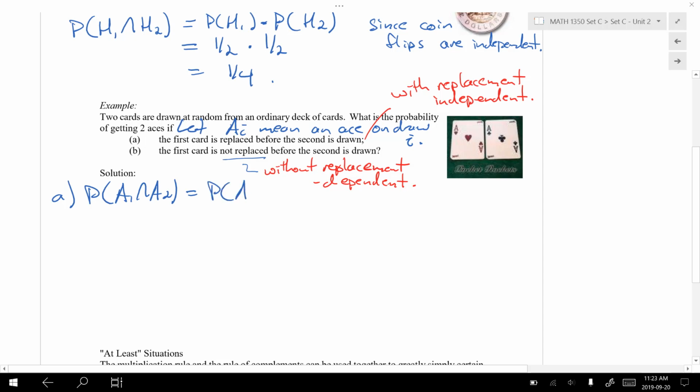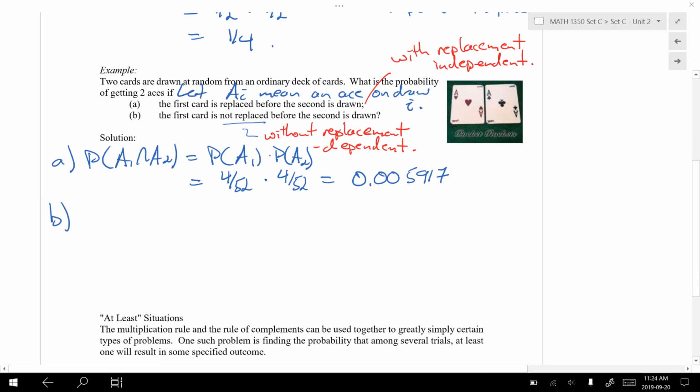Since we are replacing and shuffling up again, the case here is independent. There are a total of 4 aces in the deck, so 4 over 52 times another 4 over 52, which gives us this small percentage here. Not super likely, it's a pretty good hand.